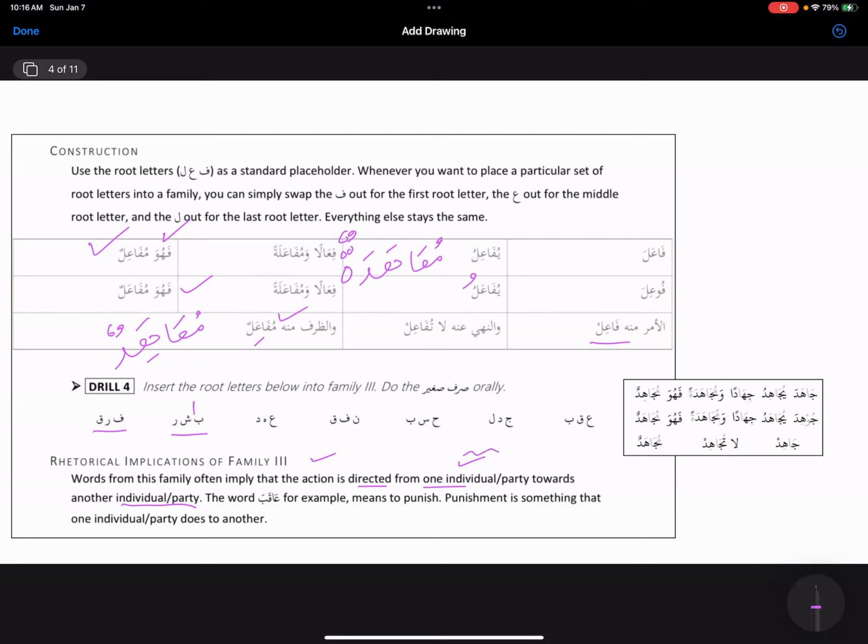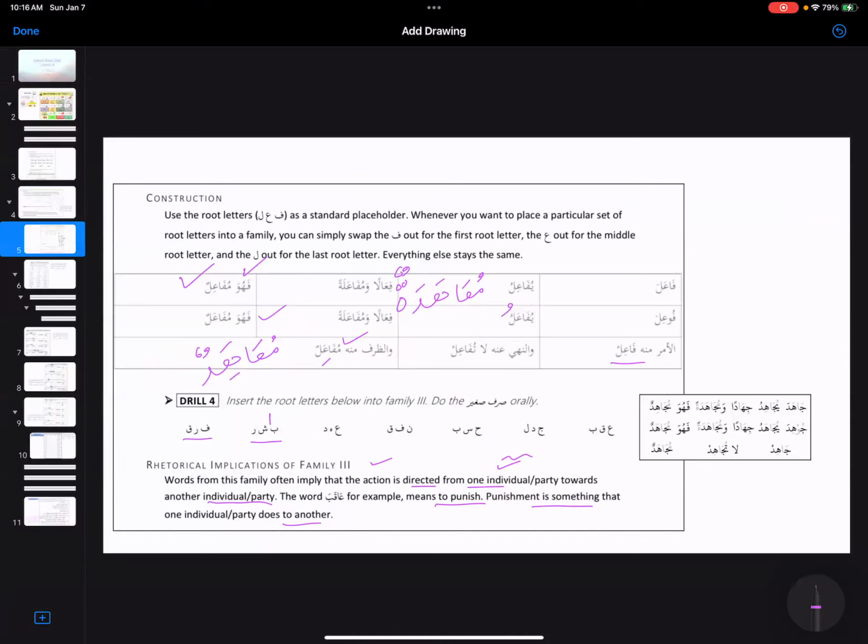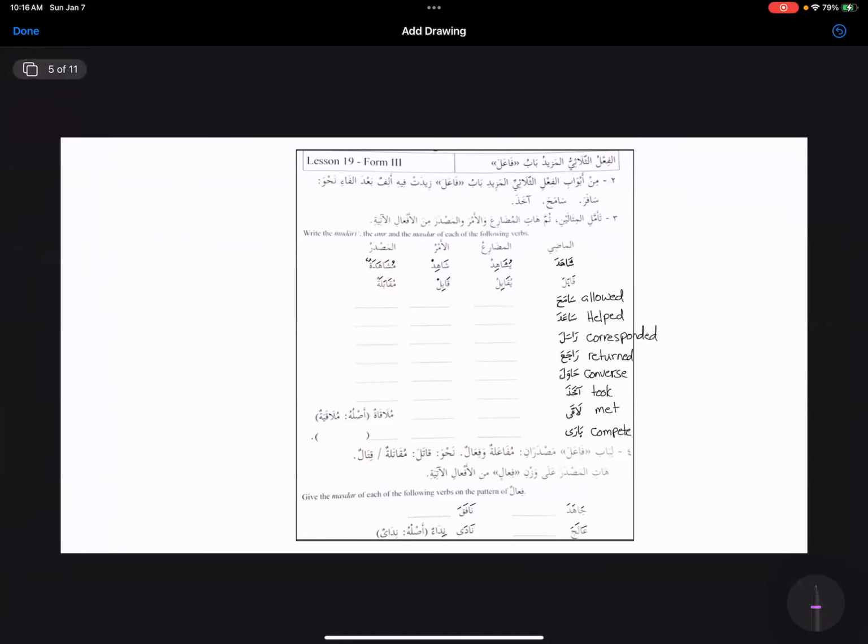The word 'aqaba, for example, means to punish. Now, punishment is something that one individual party does to another, right? And the one who is punishing is obviously going to be more powerful. So remember that this is the implication of this alif in this family.